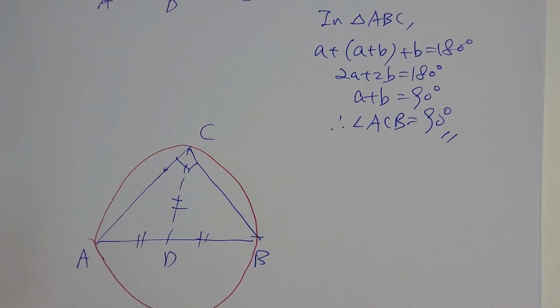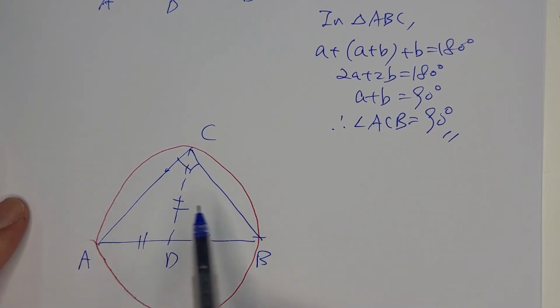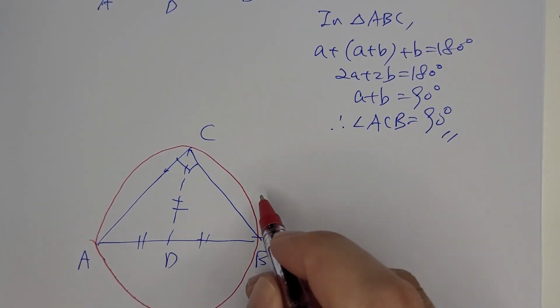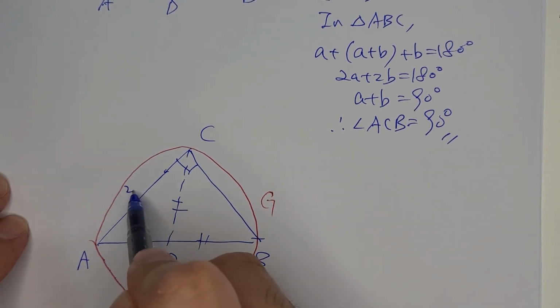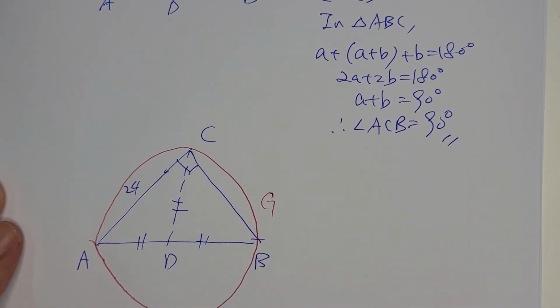And the area of this circle G is 400 pi. AC is 24. Find the length of BC.